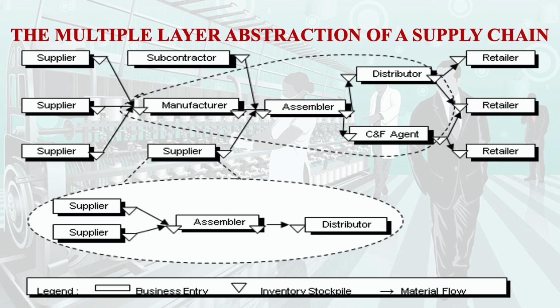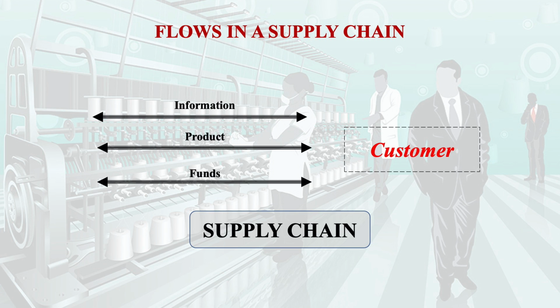Even in the case of a manufacturer, there is a development chain of a product. Now, this will give you the types of flow, just like flow of information, flow of product, flow of funds, that is between the customer and the manufacturer.